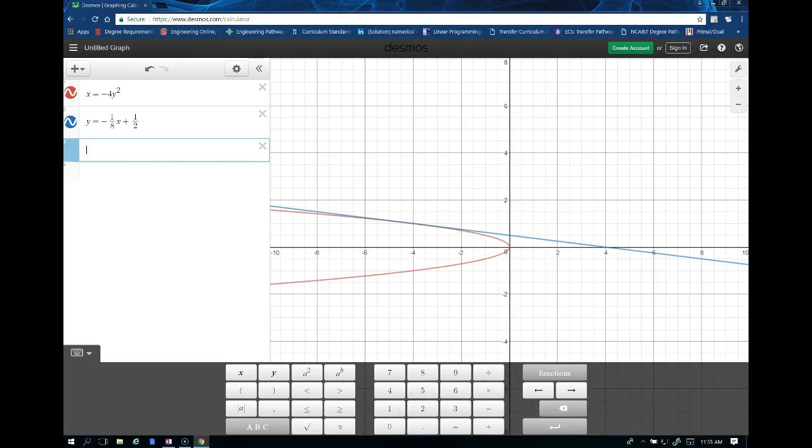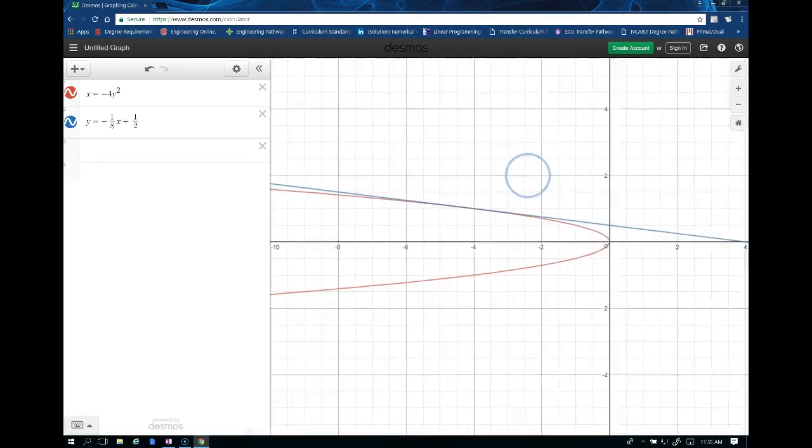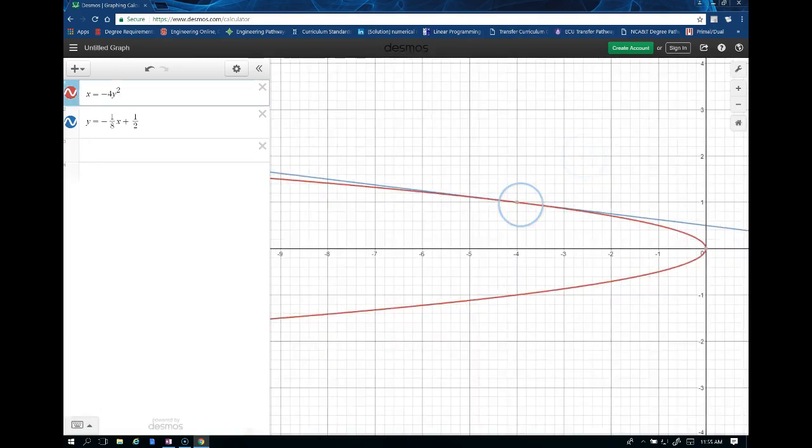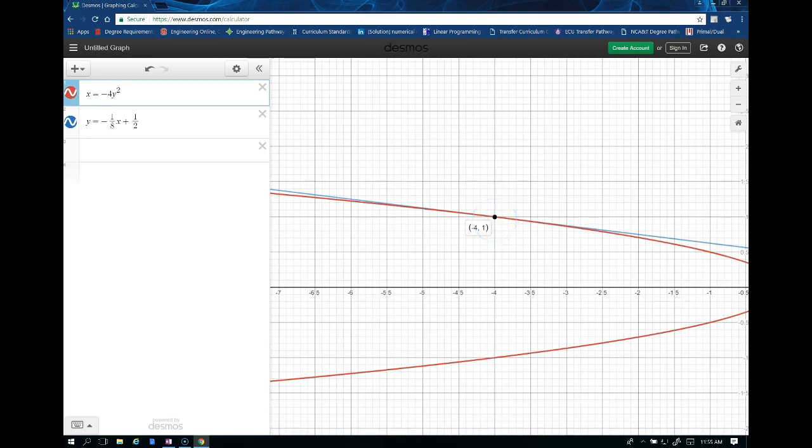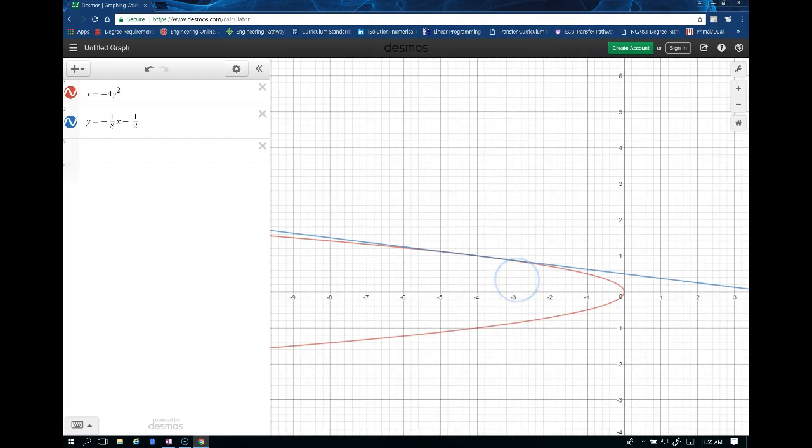Perfect. And look at this. If we zoom in, there's our point, negative 4, 1, right there. And we can see that our blue tangent line is beautifully, perfectly tangent to our sideways parabola, which is the red graph.